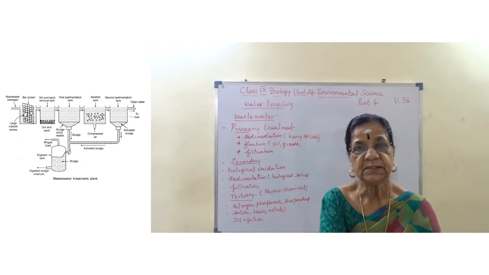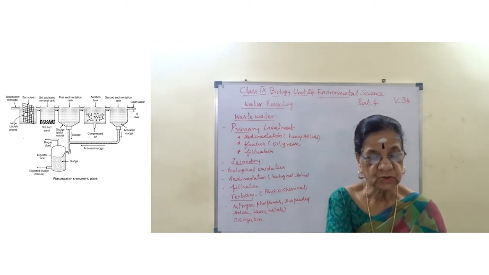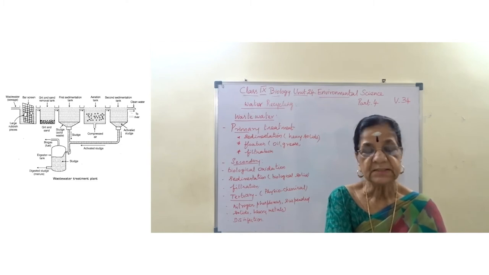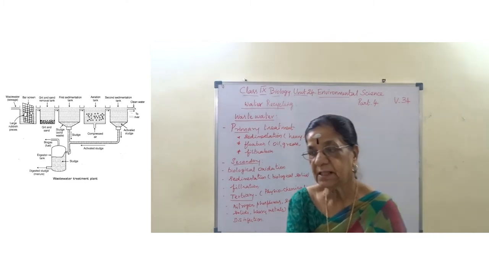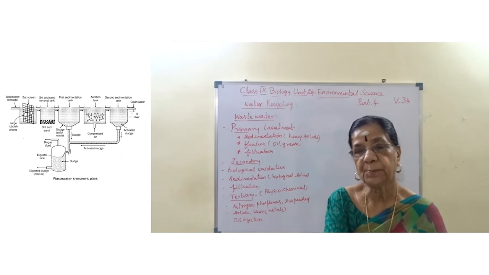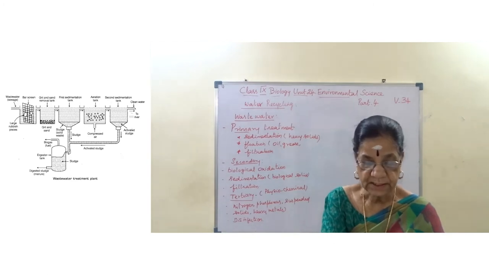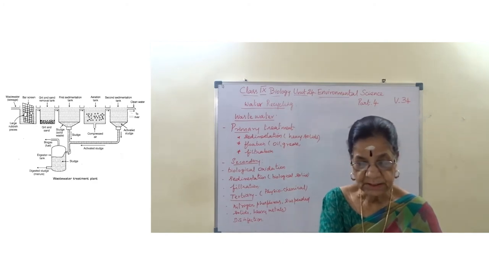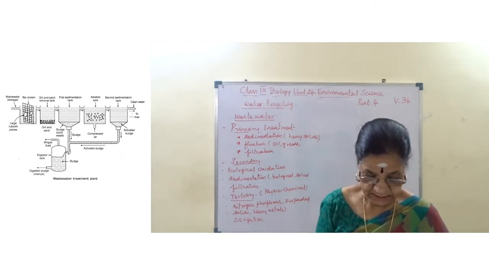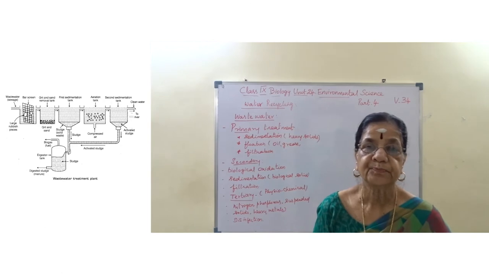Measures to be taken: using lined or covered canals that reduce loss of water and evaporation; using improved techniques such as sprinkler and drip irrigation, which we studied last year in the crop improvement lesson; encouraging development of crops that require less water and are drought resistant, and mulching of soil in vegetable cultivation and in horticulture. These are all agricultural conservation of water.